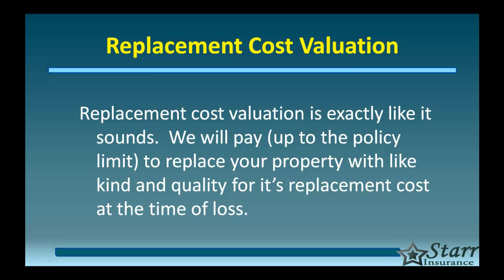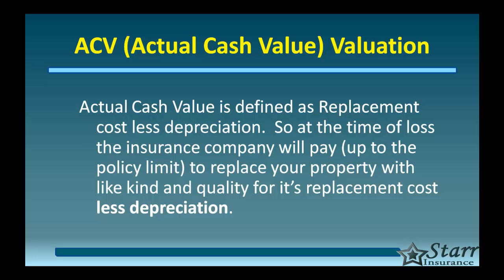So if a building is built in the year 2000 for, say, $100,000, in the year 2010, 10 years later, it might cost $150,000 to replace that same building, and so we will pay $150,000 if you have indeed increased your policy limits accordingly to keep up with the inflation of replacement cost. We will pay that $150,000 that it takes to replace it, because that's the replacement cost at the time of loss.